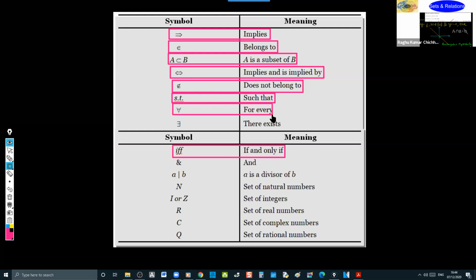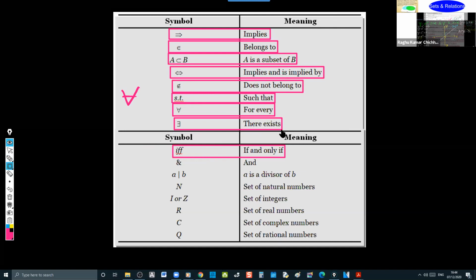For every is written as a V symbol with a horizontal line in between. And the last one is exactly the mirror image of E. This is for there exists.